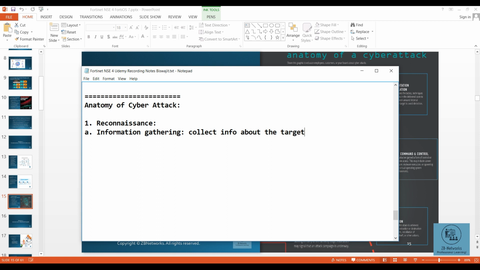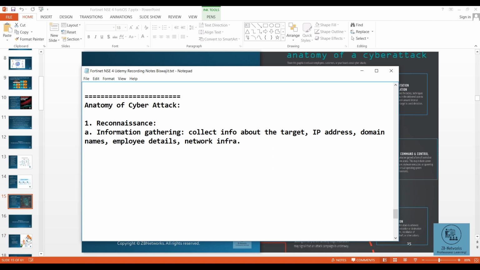Now what info would they like to collect? It could be the IP address of the target device, domain names, and employee details like email IDs, employee IDs, contact numbers, which branch or department the employee works for, and of course network design or configuration information, the network infrastructure details. This is generally gathered using publicly available sources, some sort of social engineering, and scanning tools.